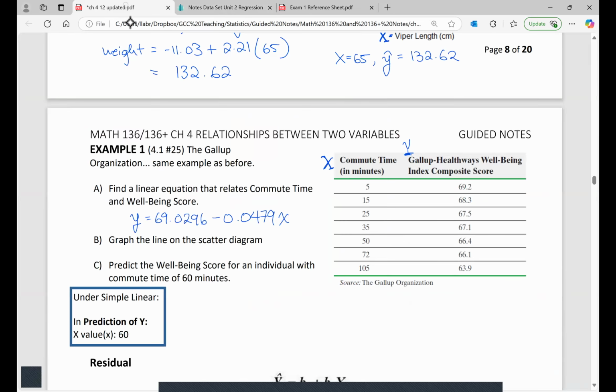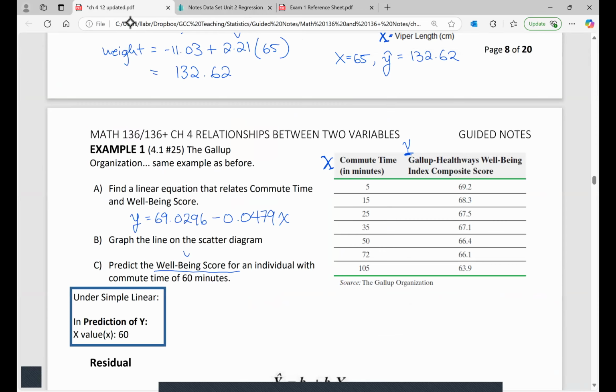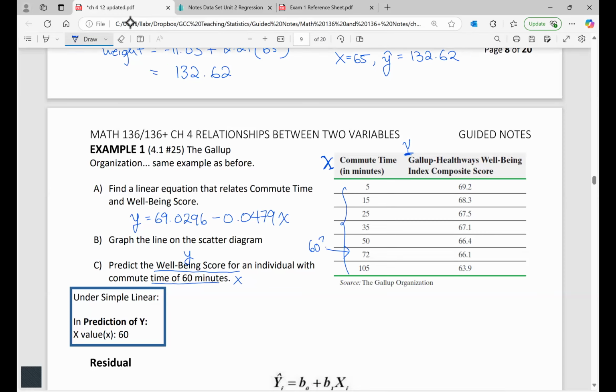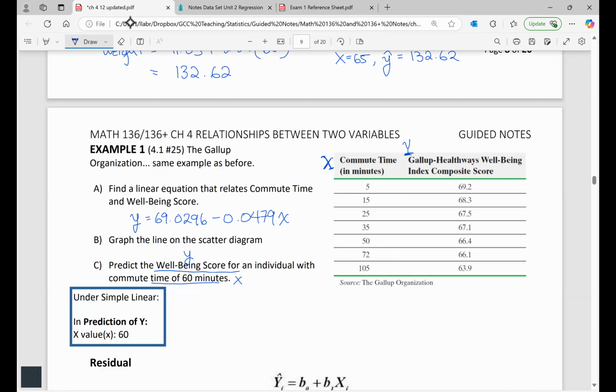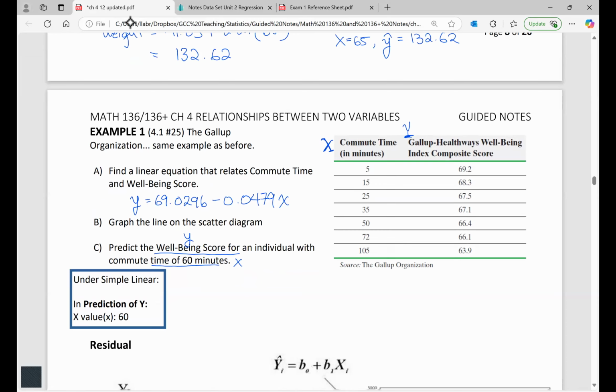So we created that. And I want you now to go ahead and predict the well-being. I always like to remind myself that well-being is the y variable, for an individual that has a commute time of 60. So notice that there is no person here that has a commute time of 60. Okay, so go ahead and try this. Predict the well-being score of someone that has a commute time of 60.